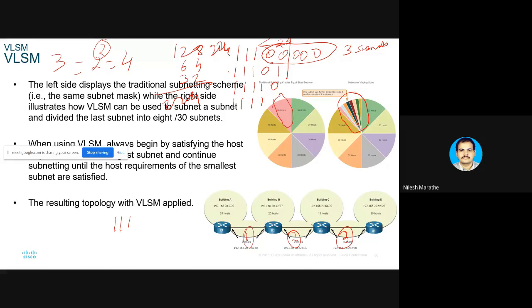Something went wrong. 1, 2, 3, 4, 5, 6, 7, 8. That is correct. Yeah, 8. So that is 224 plus. Sorry, this is 224. 00011011.